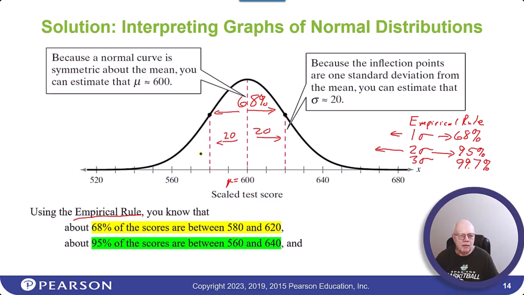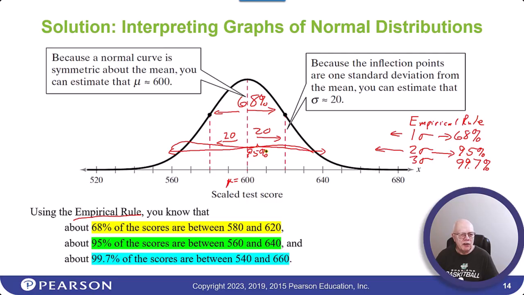Remember, that's from the center or the mean out here and out to here. All of the area between those 2 points encompasses 95% of whatever we're interested in. It might be people, it might be Venetian blinds, it could be anything really.